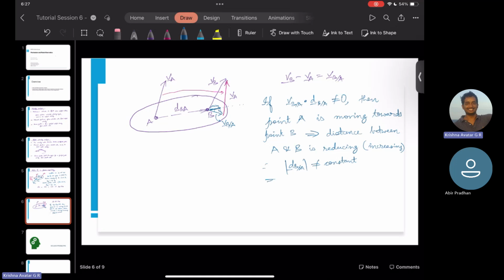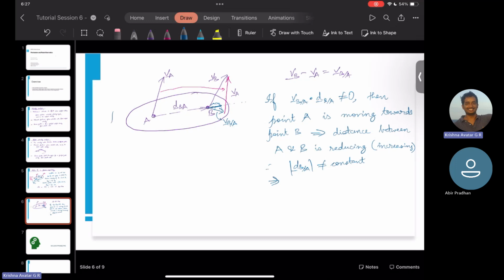If it is not constant, it means that the assumption that the body is rigid fails, which means that this body, I'll call it body C, capital C, is not a rigid body, because in a rigid body we do not allow relative motion between the points. The distance between any 2 points does not change in a rigid body.